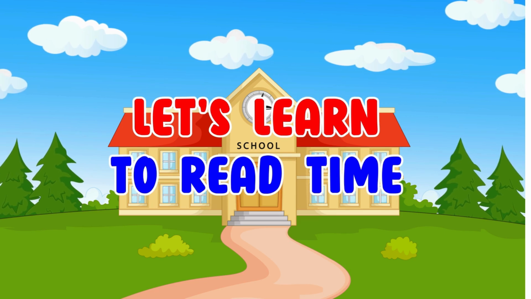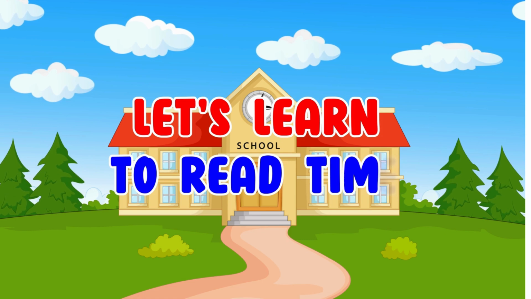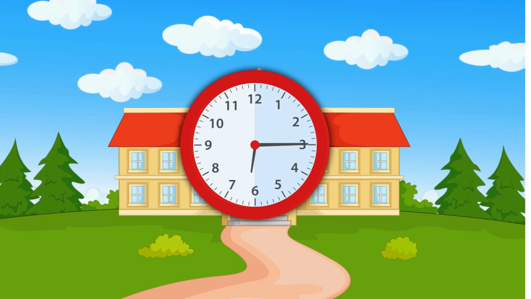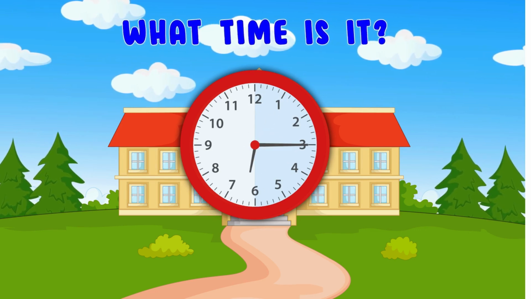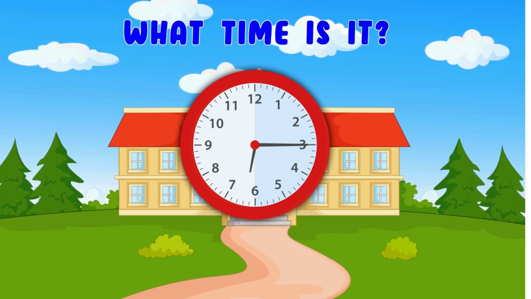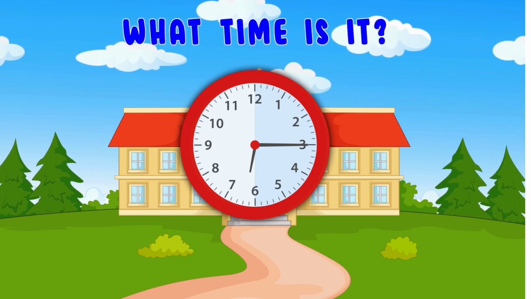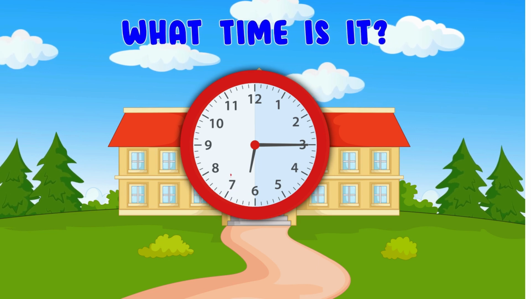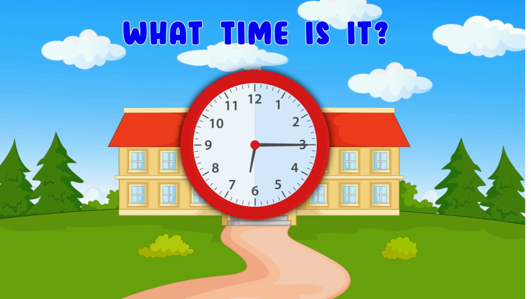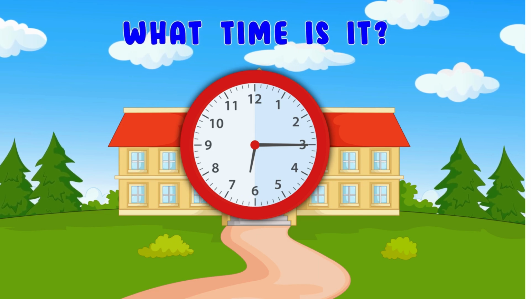Let's learn to read time. What time is it? First, we see the small hand, then the big hand. Where is the small hand? It is between 6 and 7. Which number comes first? So it's 6 hours.